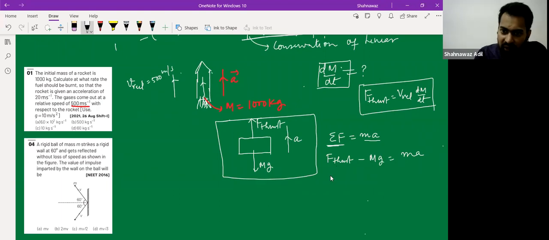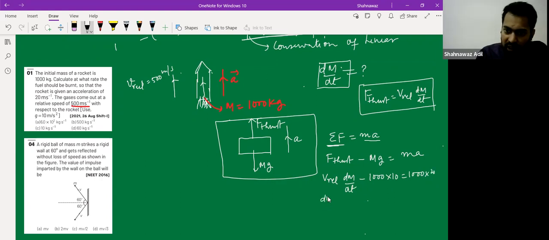So we know that F thrust is what? V relative dm by dt we have to calculate, minus m is what? M is what? 1000 kg. And g is what? 10 meter per second square. This is 1000 and this is what? 20 meter per second.